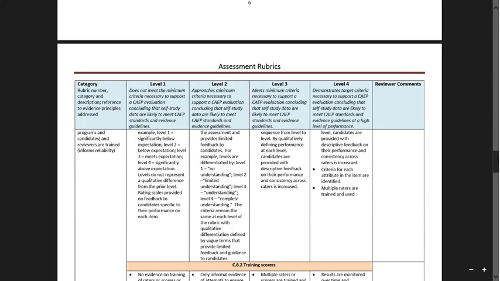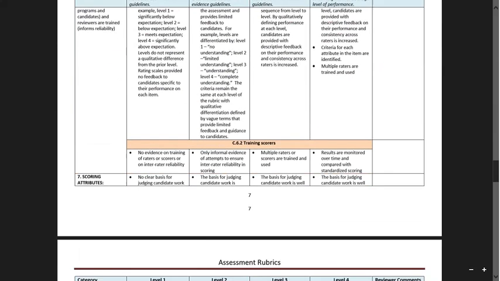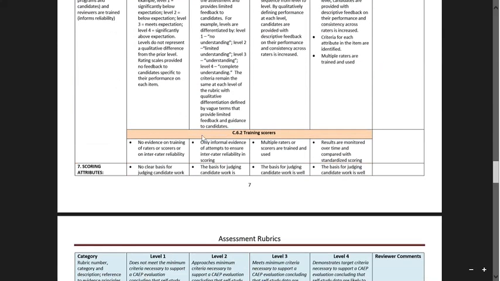There is another section of this scoring guide for rubrics, which is the training of the scorers themselves. And one of the things you will want to think about is that there are multiple raters, not just one person rating a candidate on a particular item, and that these scorers are trained.